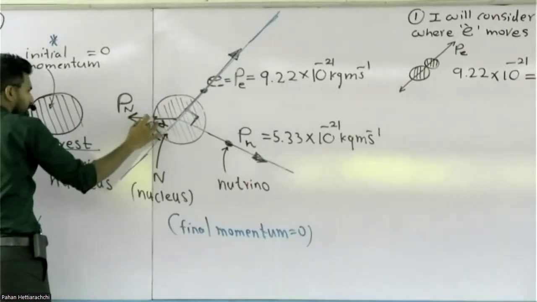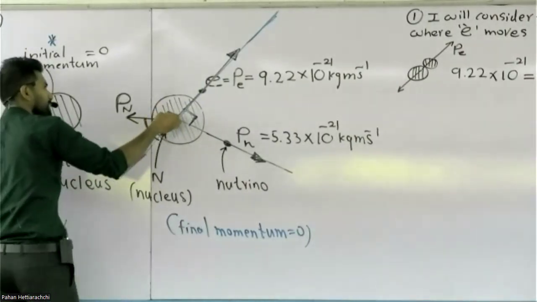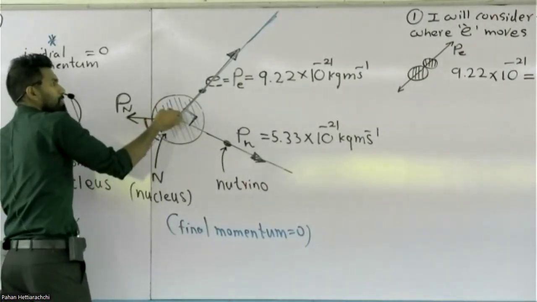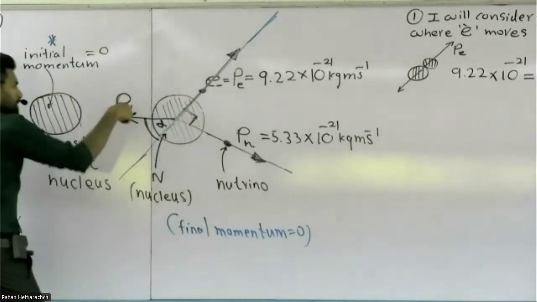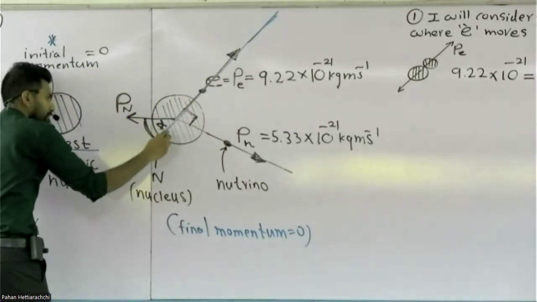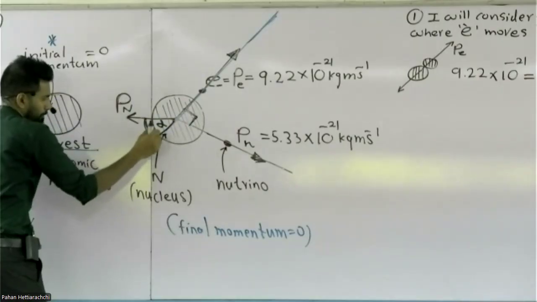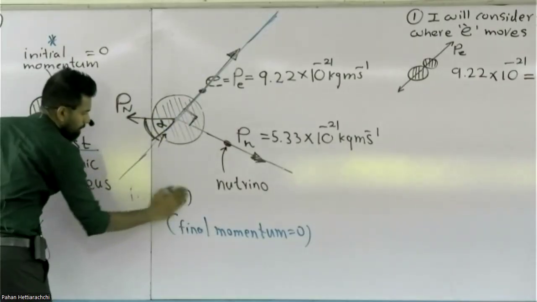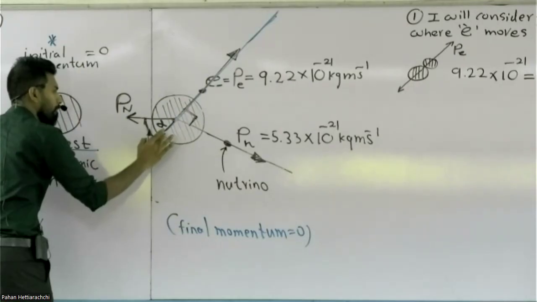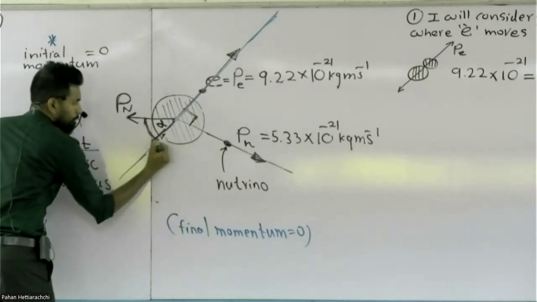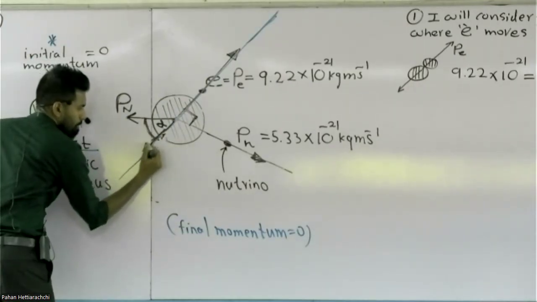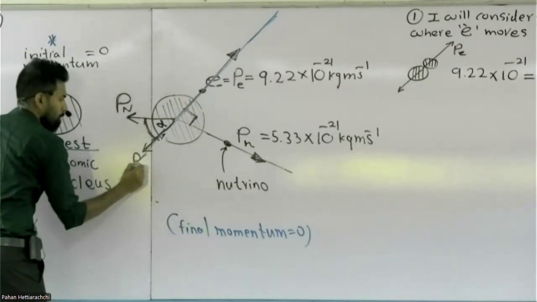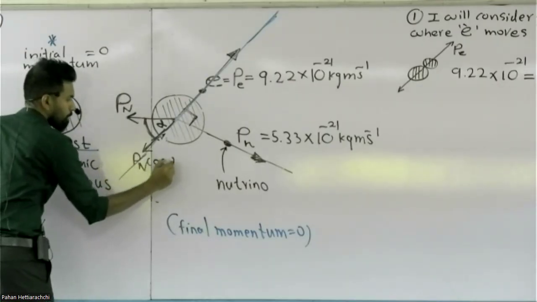So the electron's momentum, 9.22 into 10 to the power minus 21, should cancel out with Pn cos alpha.